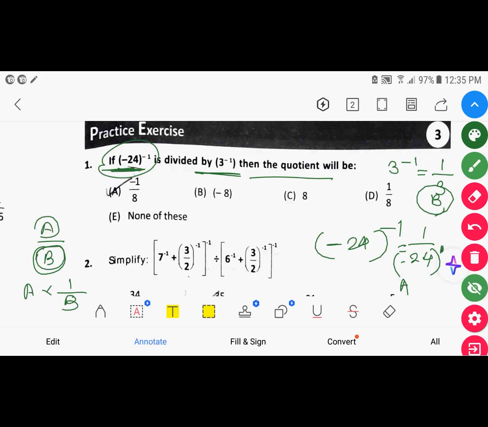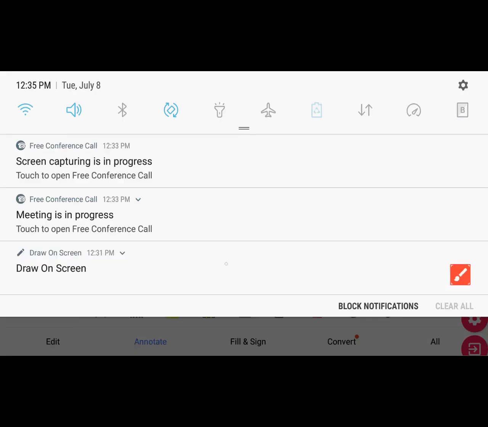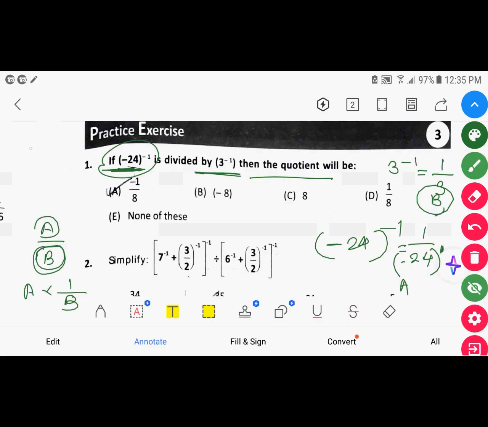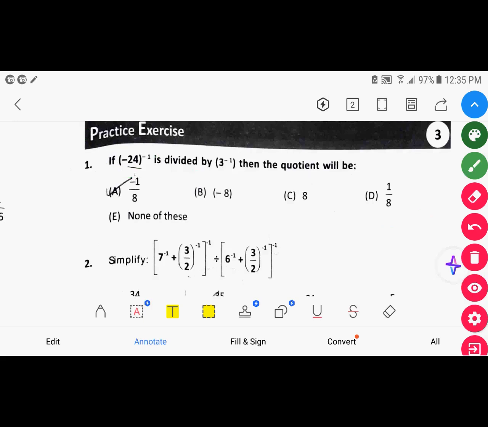So our example becomes 1 upon 24 multiplied by 3. 3 1s are 3, 3 8s are 24. So our answer is 1 upon 8. But the 24 has a minus sign, so our answer is a negative number. So our answer is minus 1 upon 8.